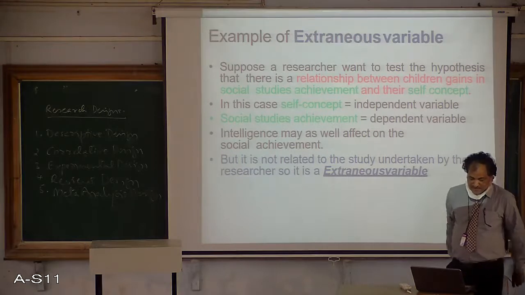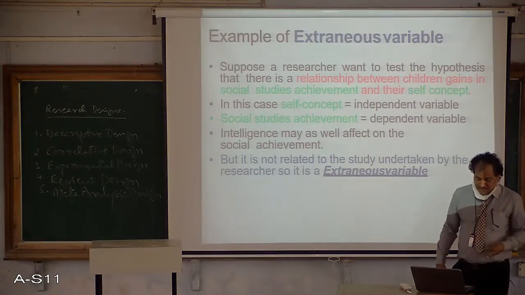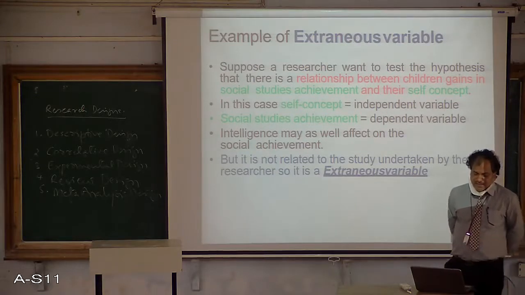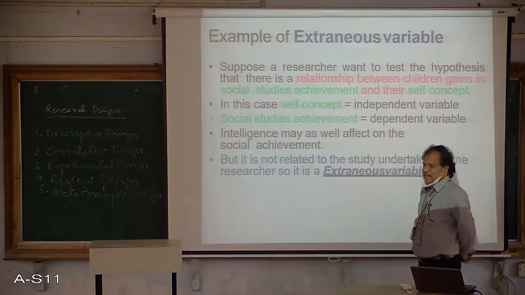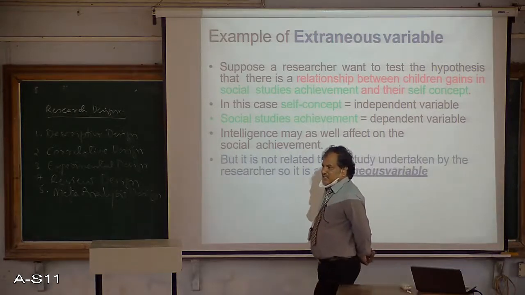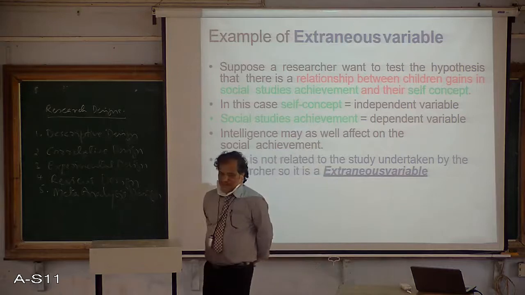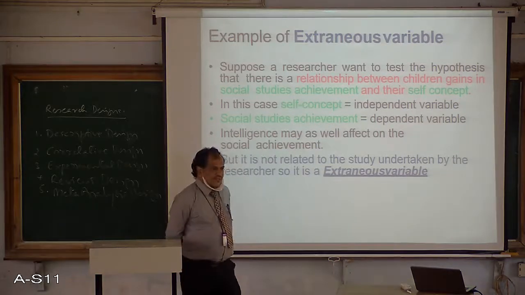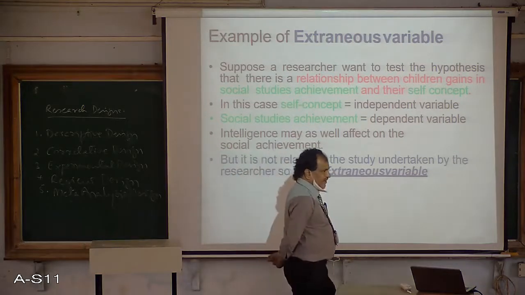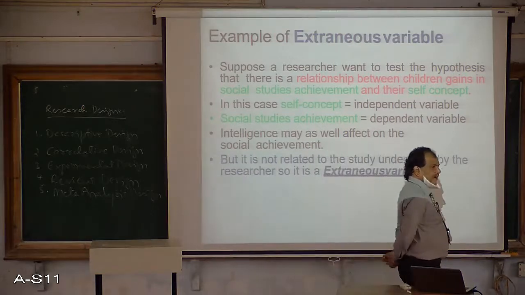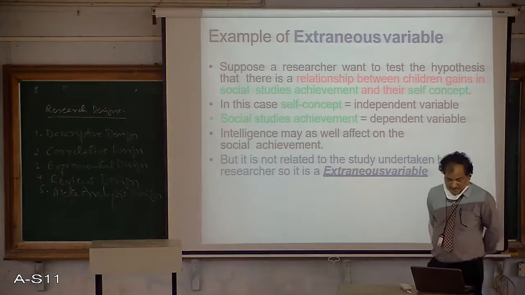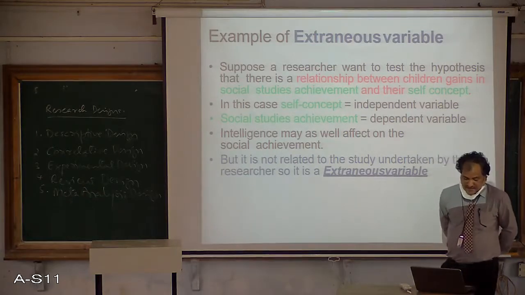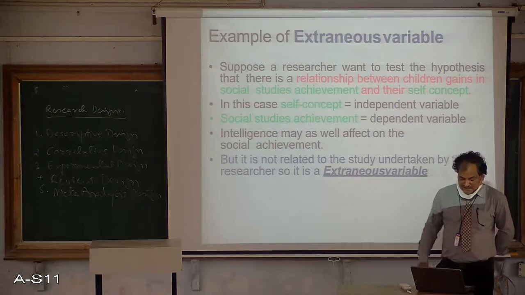So accordingly, the social achievement gets affected by some variable like self-concept. In that case, self-concept can be taken as the extraneous variable. Of course, self-concept is not at all related to our study, but it is in turn affecting our dependent variable, that is social achievement. In that case, self-concept becomes the extraneous variable.